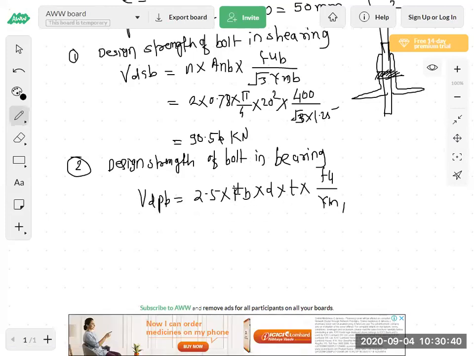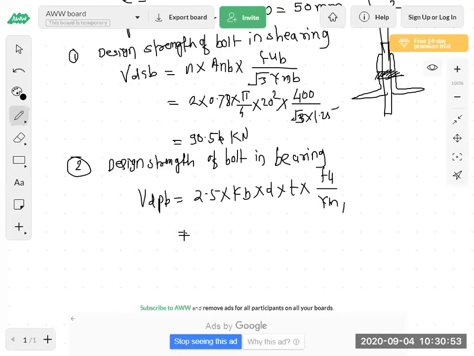So see here, KB value will be 0.5 because 20 mm diameter bolt and 4.6 grade bolt, the KB value is always 0.5. We have seen so many examples. So we will directly solve here. So you can calculate KB value first.